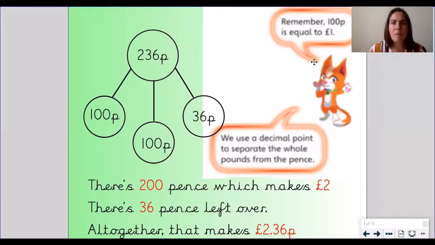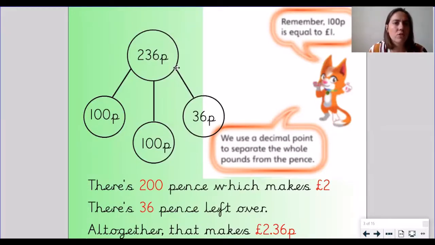Remember here that we've got 100p is equal to £1, which will help us a lot with today's work. So 100p is equal to £1, and we use the decimal point to separate the wholes from the pence.